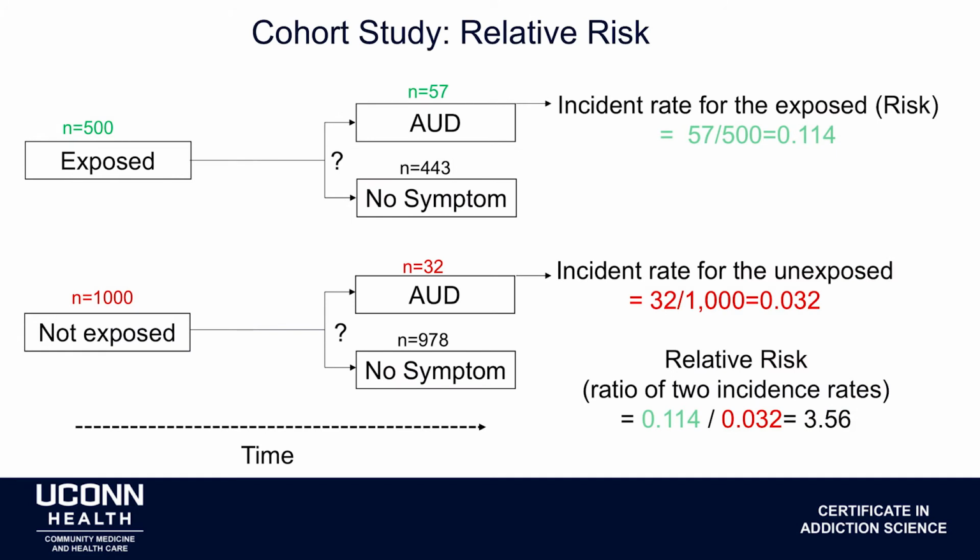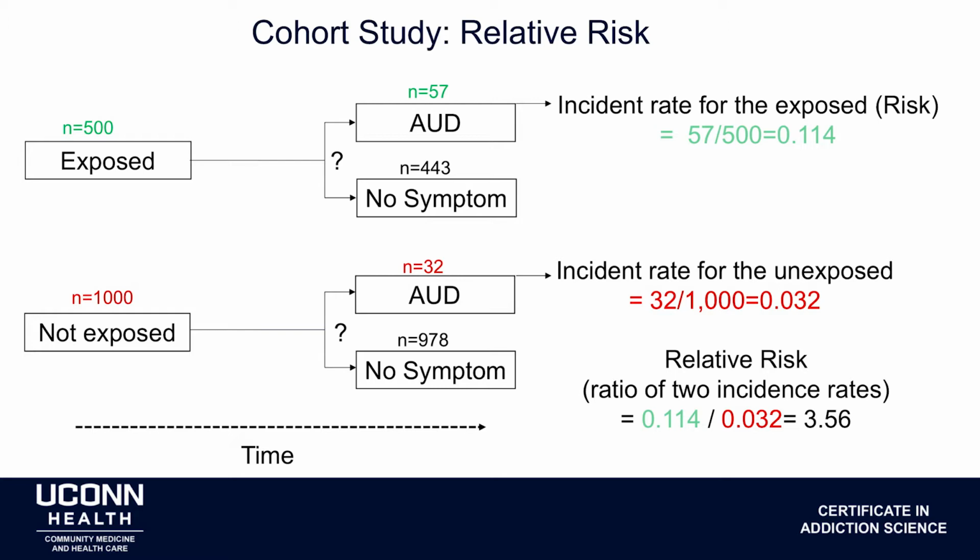So we have 500 exposed, and we're going to generate relative risk. Relative risk is a ratio of the incidence rate of the exposed to the unexposed. So remember, we have 500 people in the exposed group, and 57 develop alcohol use disorder over time.